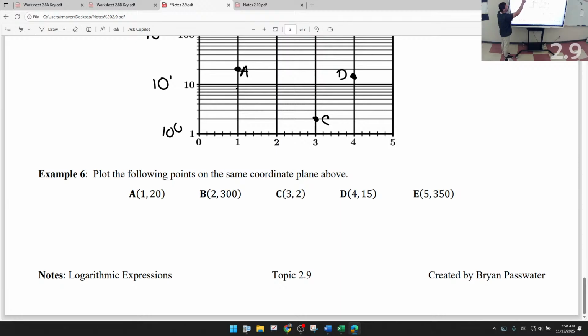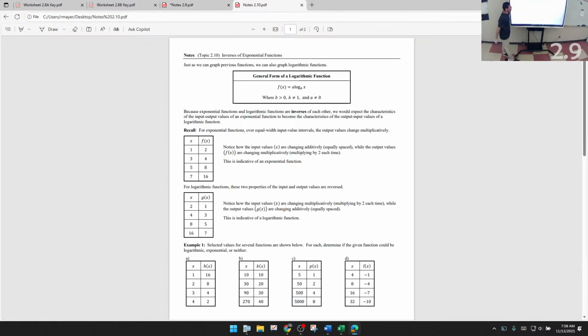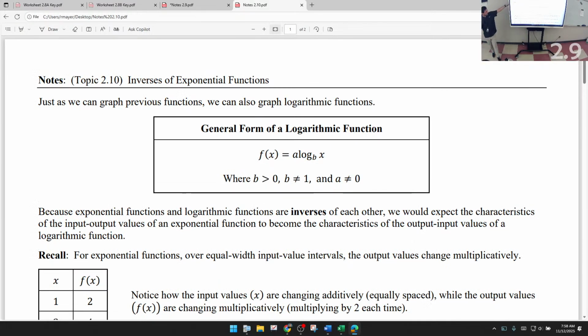Okay, beautiful. All right. Just as we graph previous functions, we can also graph logarithmic functions. So we know that this is log base b of x, where b is greater than 0.